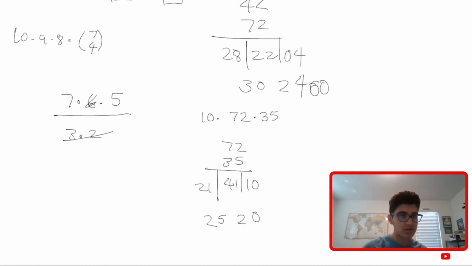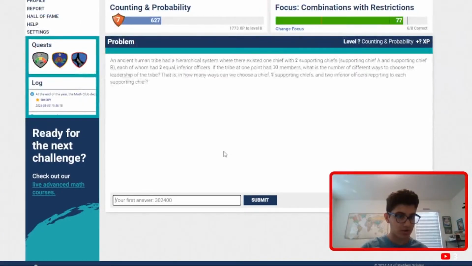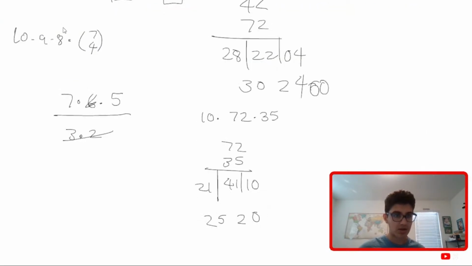I'm not sure, because it says that the inferior people, they're all equal. So I don't know. What I did before this was say, just break them up into two different groups and then multiply by two, because this group can either be with Chief A and this group can be with Chief B. But I don't know. So right now I'm just trying by they're all indistinguishable.